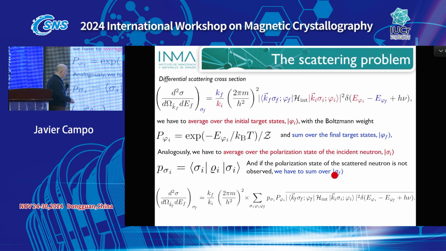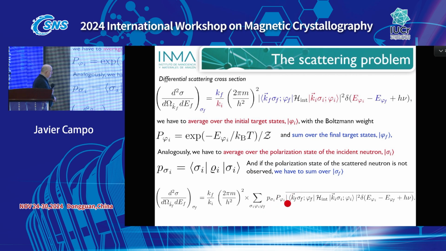But today we will pay attention to this. And then this expression becomes like this. It is the same, modulus squared, but I need to average over the initial polarization state of our neutron, and we need to sum over the final states.